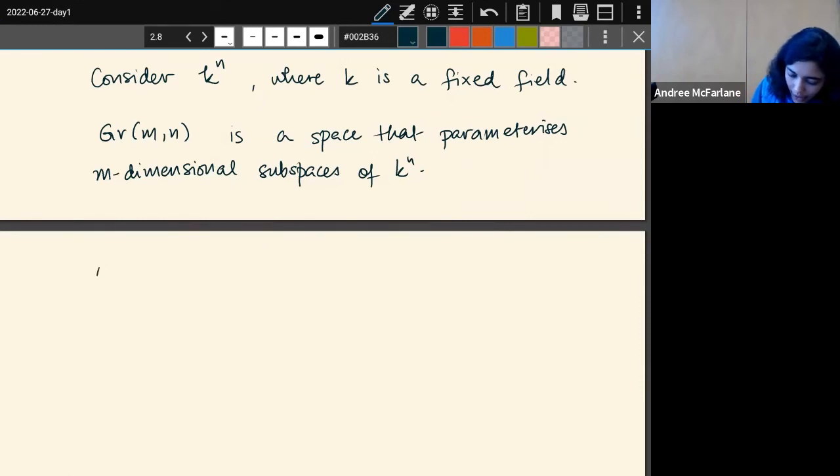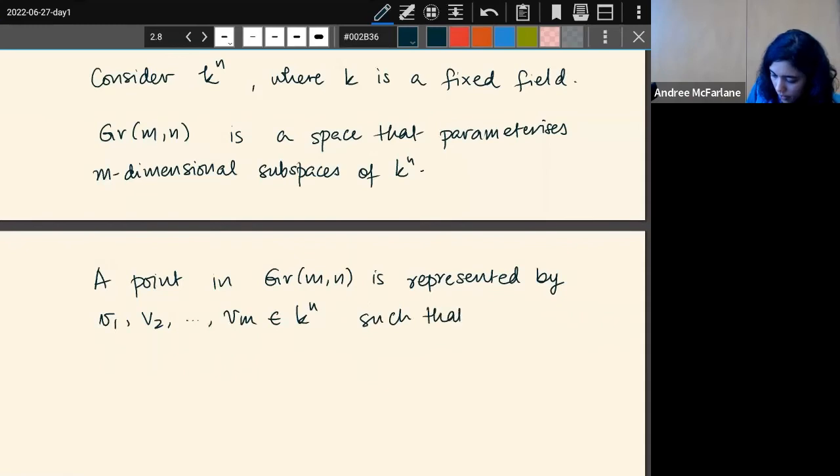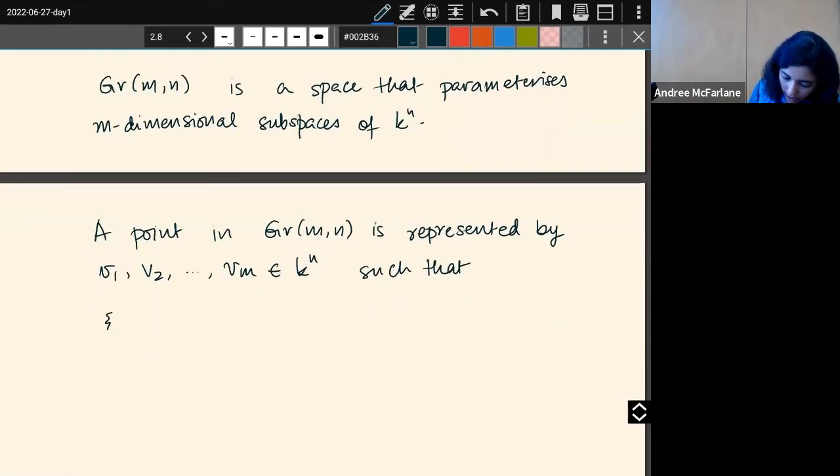So a point in this space is represented by m linearly independent vectors V1 through Vm, such that this set is independent.